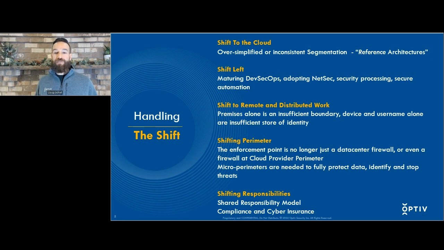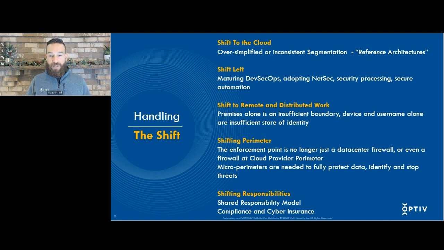We also have the shift to distributed work or distributed and remote work, right? So really the premises alone is an insufficient boundary. Many of us don't badge into an office every day. If you do, God bless you. But for those that are just working from anywhere, right?